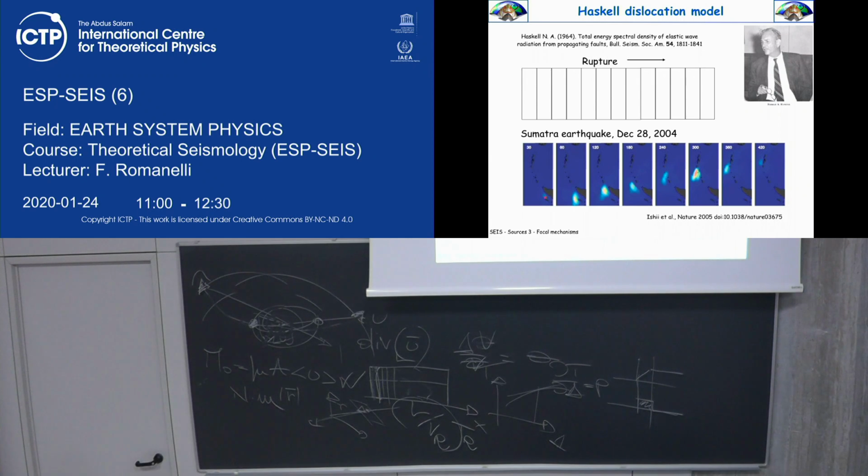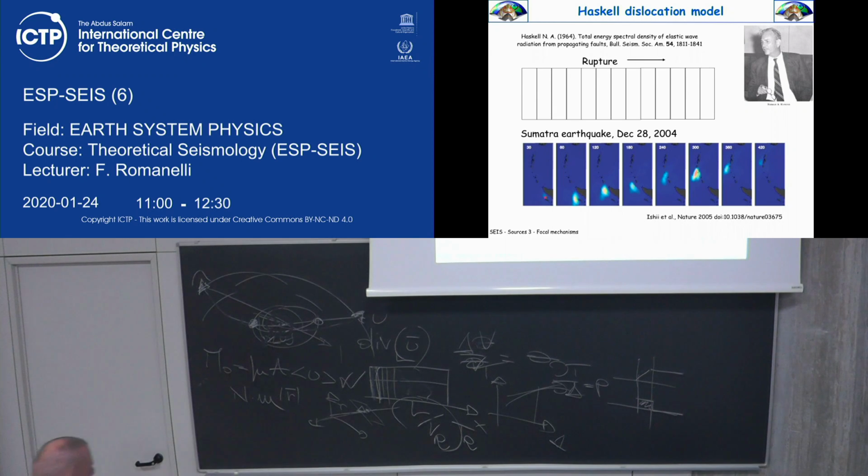The second and maybe most important consequence of the Haskell model will be that the spectrum, the radiation in the frequency domain of a seismic source, will have a specific feature. The end of the story will be called the omega square model.